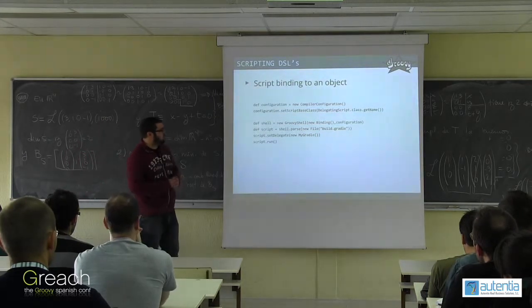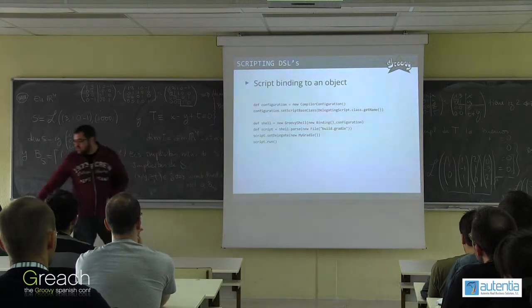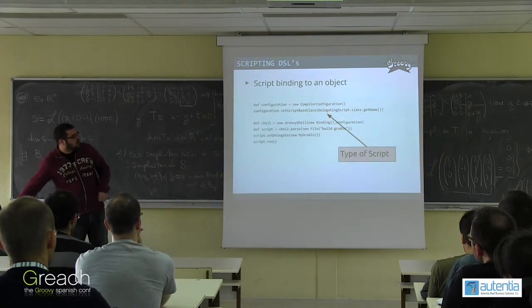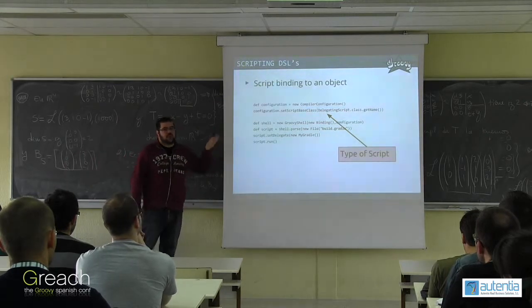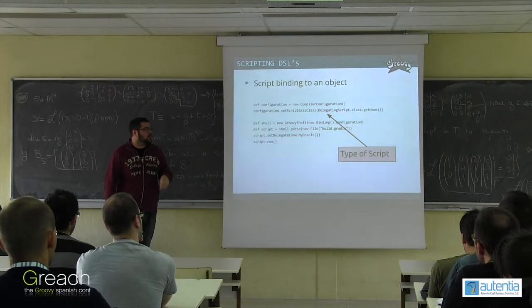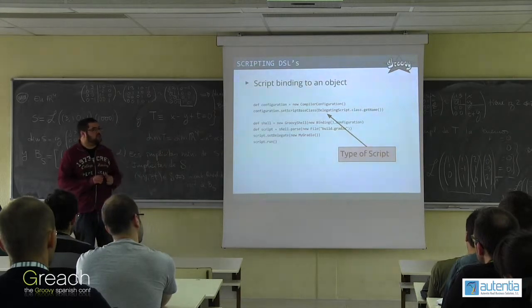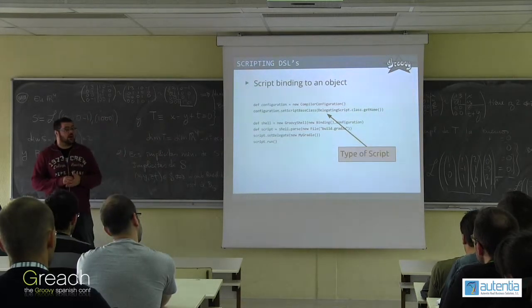This is too small, maybe. The important thing here, this is just configuration. You have to tell Groovy that the script you will call is a script that can have a delegate set.